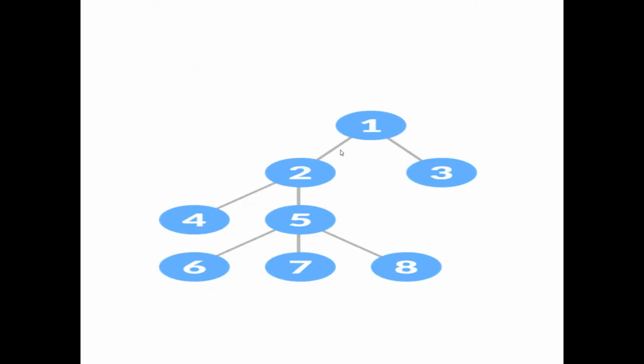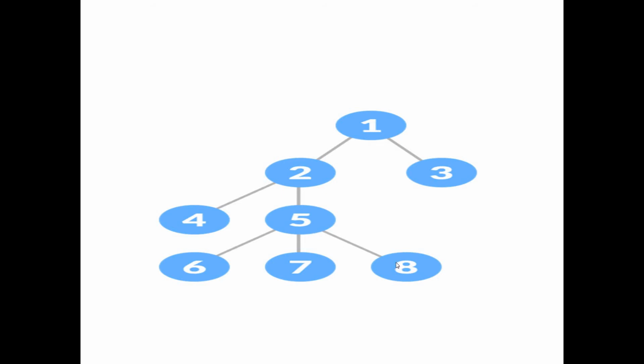This sequence of consecutive edges, like 1, then 2, then 4. These are one sequence. So 1 to 2, 2 to 4. Then from 1, then 2, then 5, then 7. So 1 to 2, 2 to 5, 5 to 7. Another path: 1, then 2, then 5, then consecutive 8.